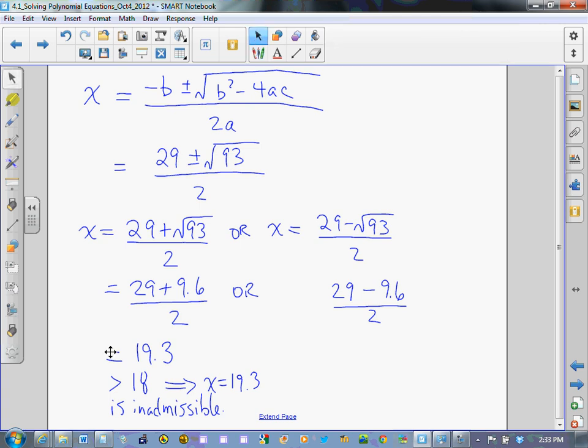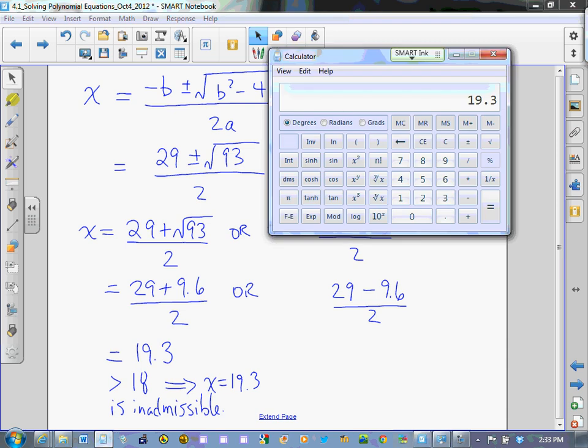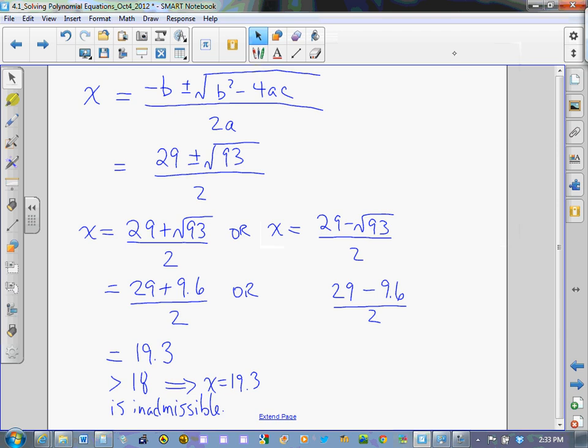So let's have a look at the other root, which should be less than 18, but greater than 0. So we'll take 29, subtract 9.6, cut that in half, and we're looking at 9.7. So 9.7 does lie within the restrictions that we have set for this problem.